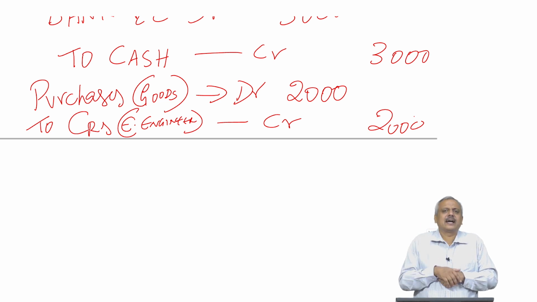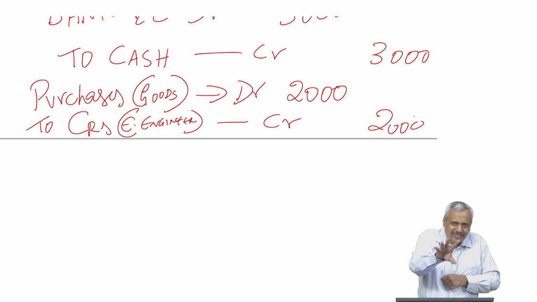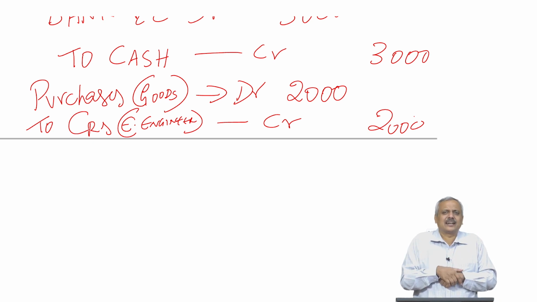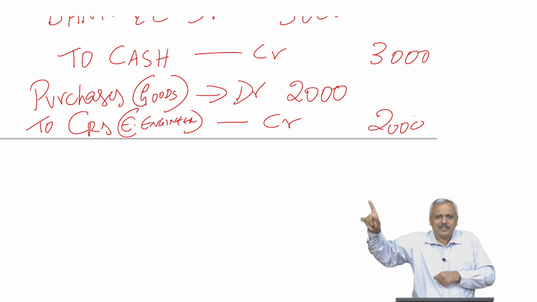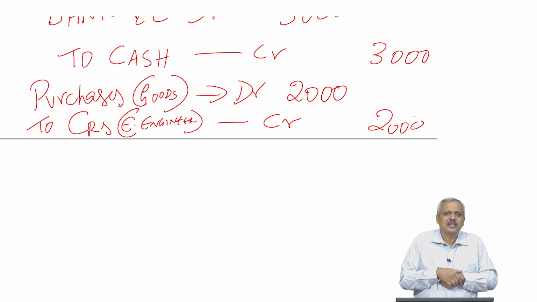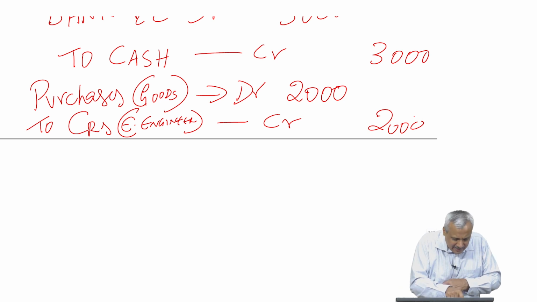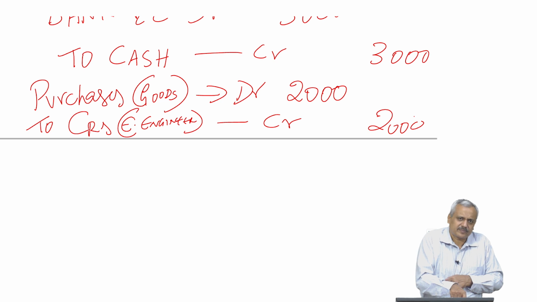No, you have not. Somebody has sold it on credit. Who is that? An entity or an individual, so it goes to the personal account principle: debit the receiver, credit the giver. E-engineer is giving the credit. Normally, they are all called creditors, as we said.